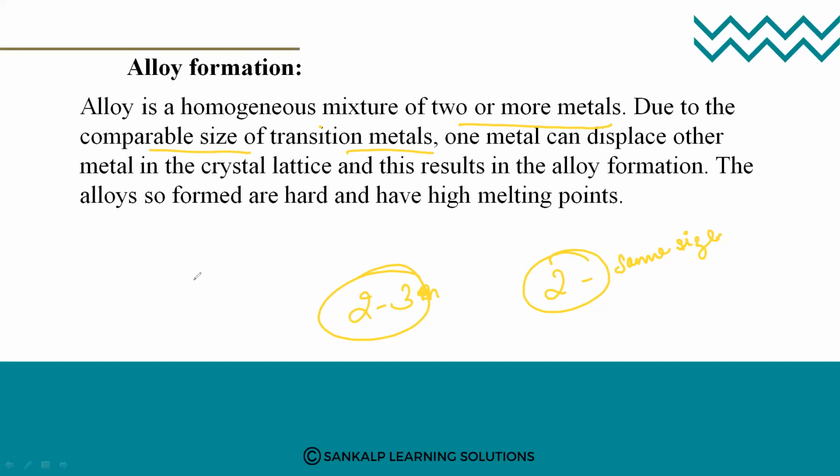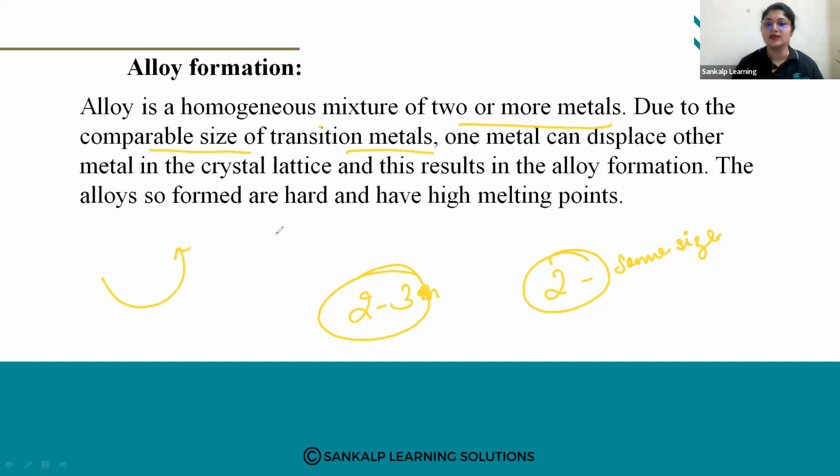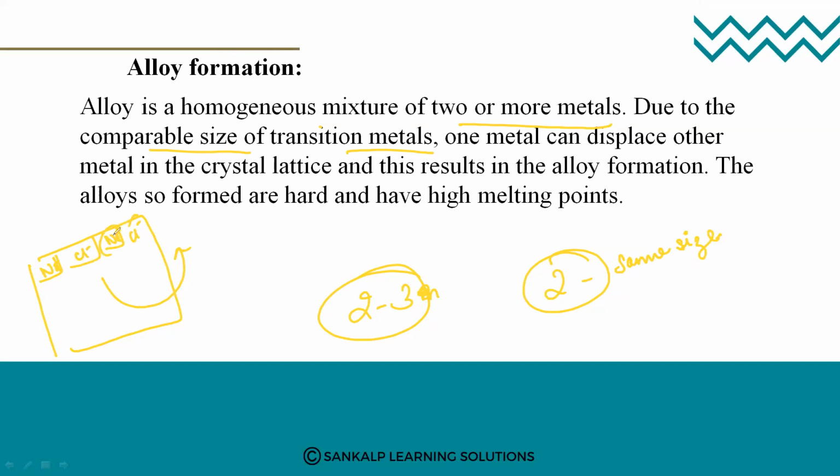So here what happened? One metal can displace the other metal in the crystal lattice. When one metal has a comparable size to the other metal, you can replace it. Suppose a Na+ Cl- lattice crystal is formed. Instead of Na, I can replace it with cesium, Cs.